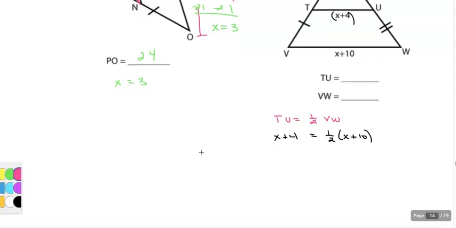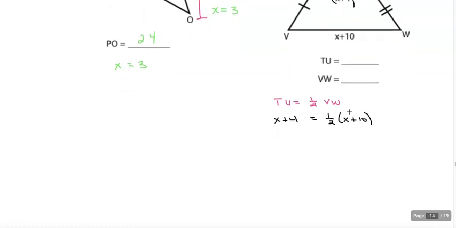Whatever way you want to choose to go about this and solve, you can distribute the 1/2, or you can multiply both sides by 2 to get rid of that. Either way, I'll distribute the 1/2 there. So I'll have x plus 4 equals 1/2 x plus 5.